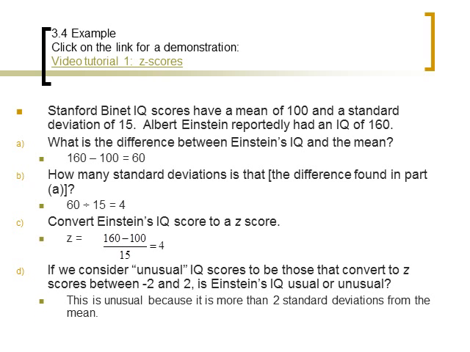If we consider unusual IQ scores to be those that are outside of -2 or +2, is his score usual or unusual? Since his was a z-score of 4, that's very unusual. So that's another way to prove statistically that his IQ was way, way above average.